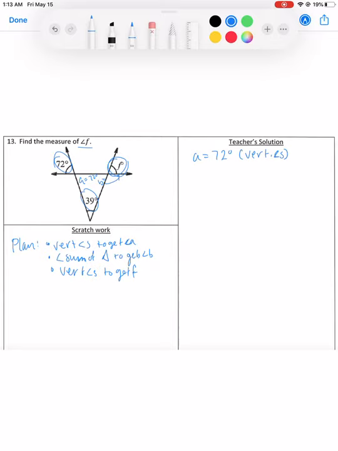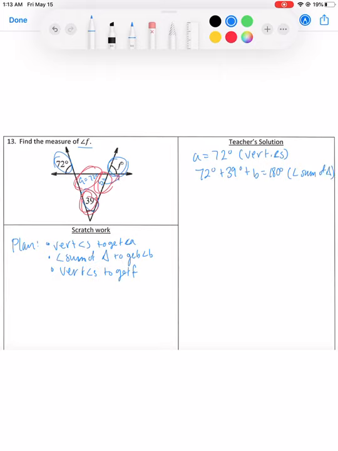So now that A is 72, I'm going to add 72 and 39 to get angle sum of triangles. So 72, 39, B. B is what I want because B is my connection to F right here. So we're going to have 72 degrees plus 39 degrees plus B is equal to 180 degrees. That's from angle sum of triangle.